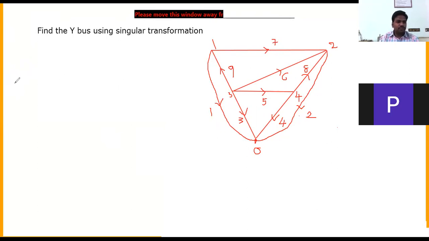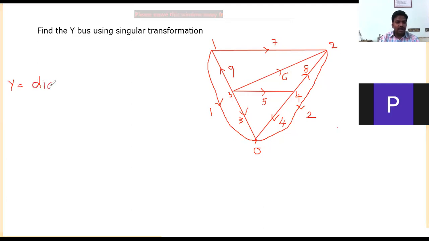The information that has been given is Y is equal to dia. Dia means diagonal elements, you need to consider all the elements as connected in diagonals.